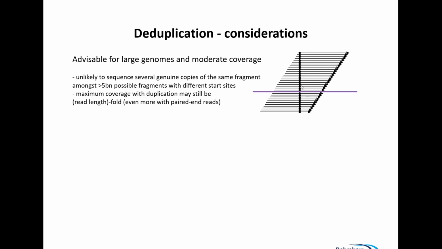So if you have 100 base pair long read length, then you can cover a given position up to 100 times without them being deduplicated. And this is recommended because it's very, very unlikely that you get exactly the same fragment of the same length starting at the same position twice from several different cells, and it's much more likely that it's actually a PCR duplication artifact.